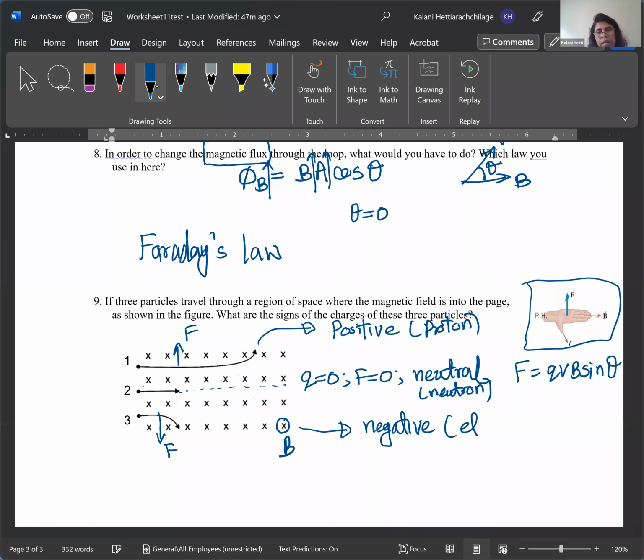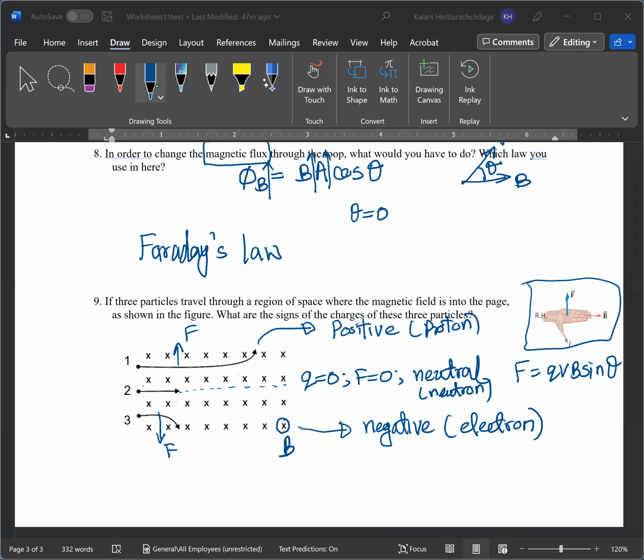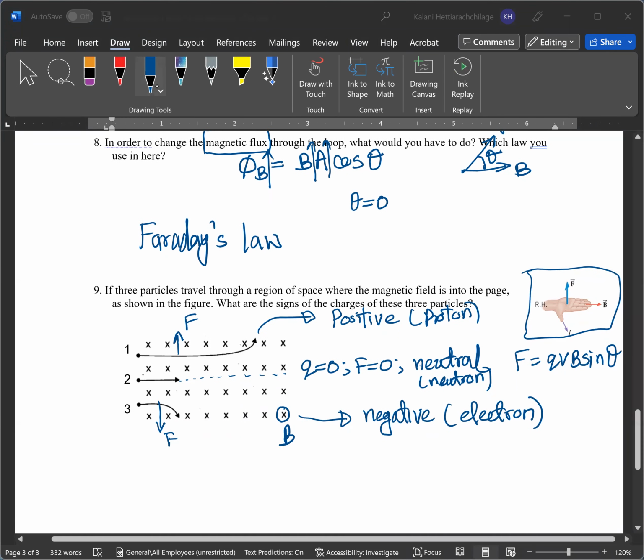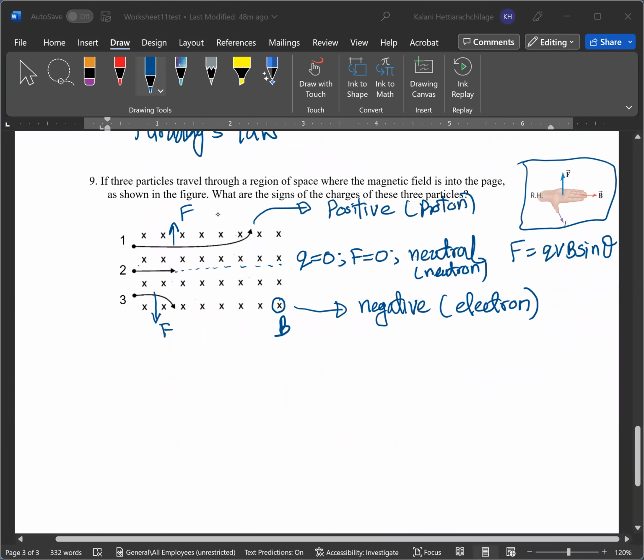That means you can say it is an electron. So that's why the beams will change direction according to the direction of the magnetic force. This is the phenomenon that we have in your TV and those things, how we bend the electron beams through the tube. Okay, so let's stop here.